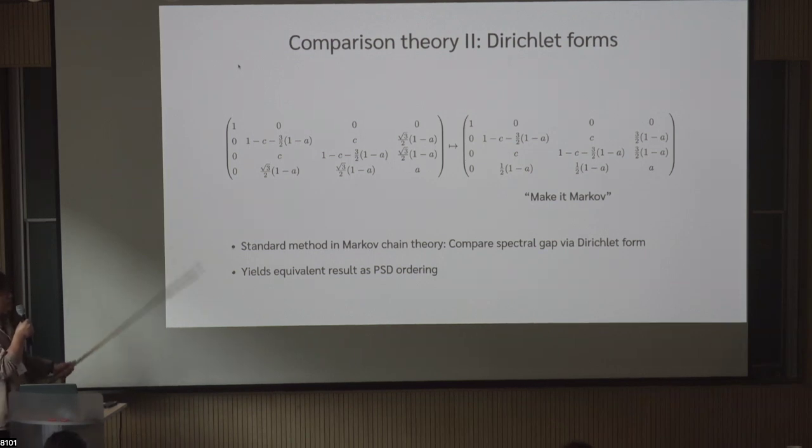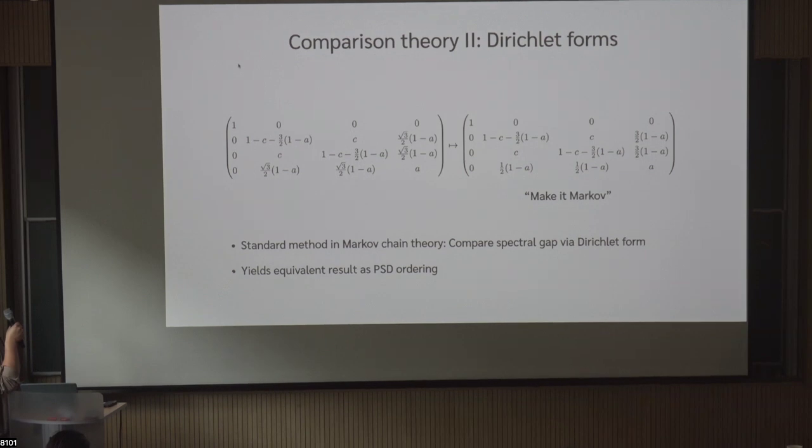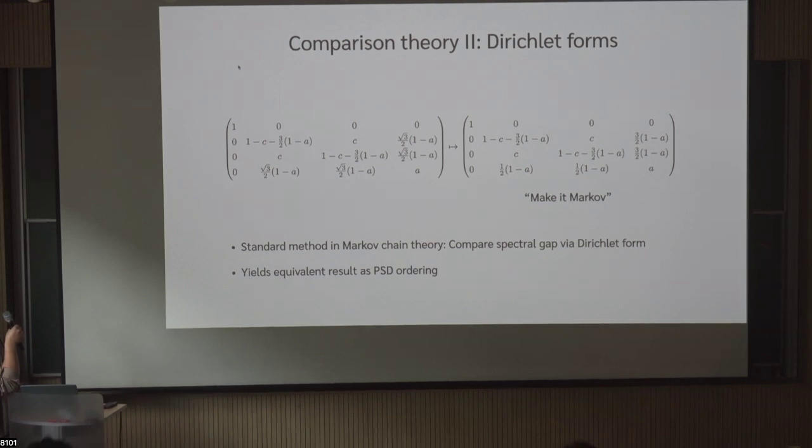The point is, it gives us a different method for doing this spectral gap comparison or analysis. But for this particular problem, for the many-body graph circuit problems, it gives us the completely equivalent result as approach one, the positive semi-definite ordering approach.